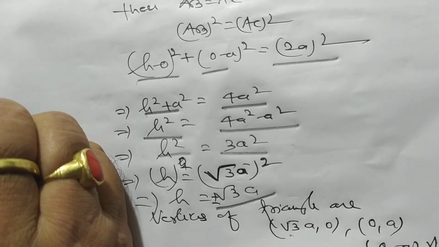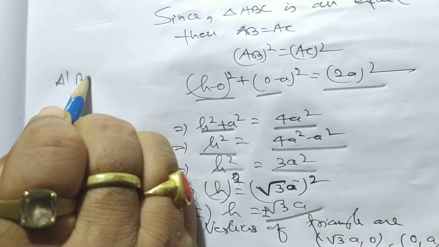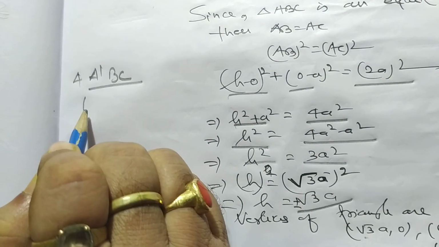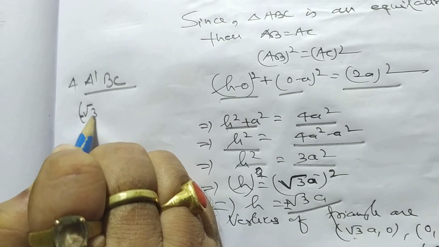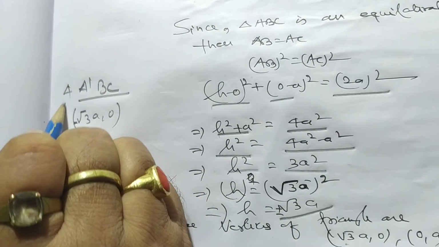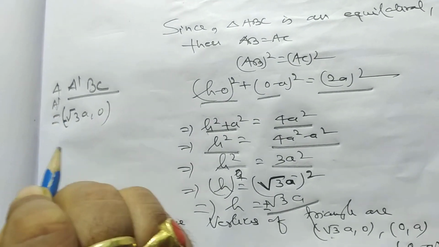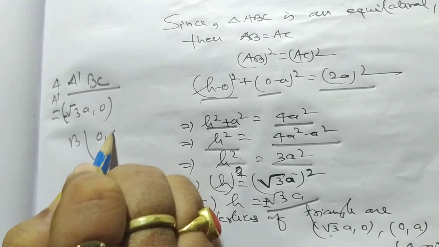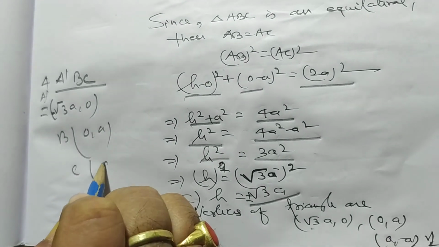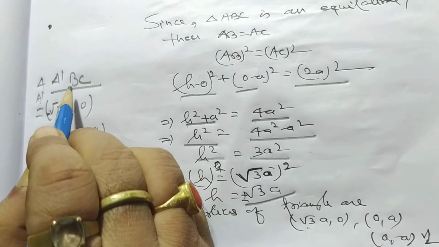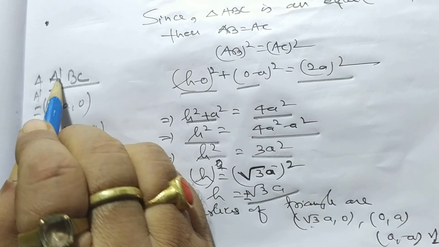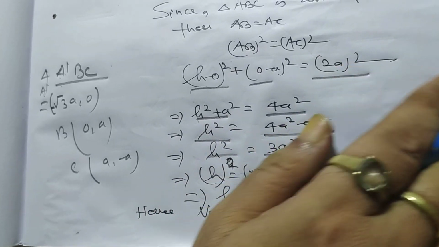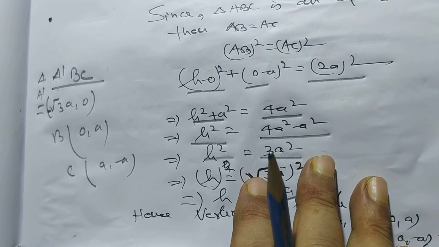And also if it is the triangle A dash BC, then the vertices will be A dash (minus root 3 a, 0), B (0, a) and C (0, -a). Only the coordinate of A dash will differ from the coordinate of A. In this way, we can solve this problem number 2.